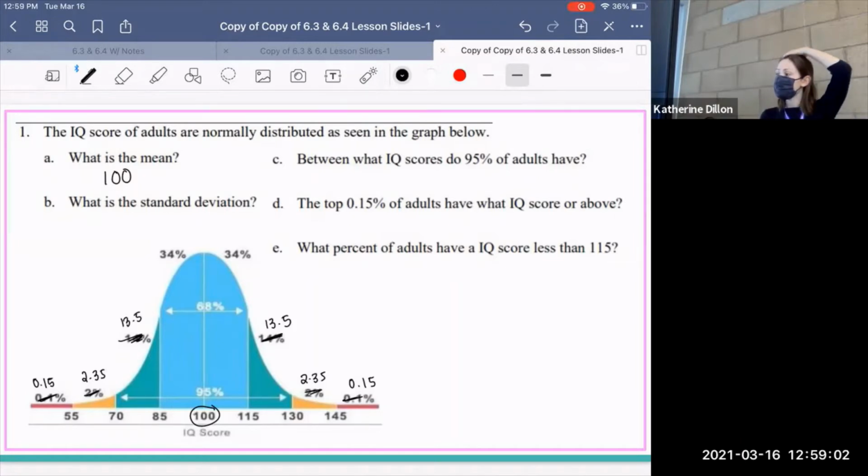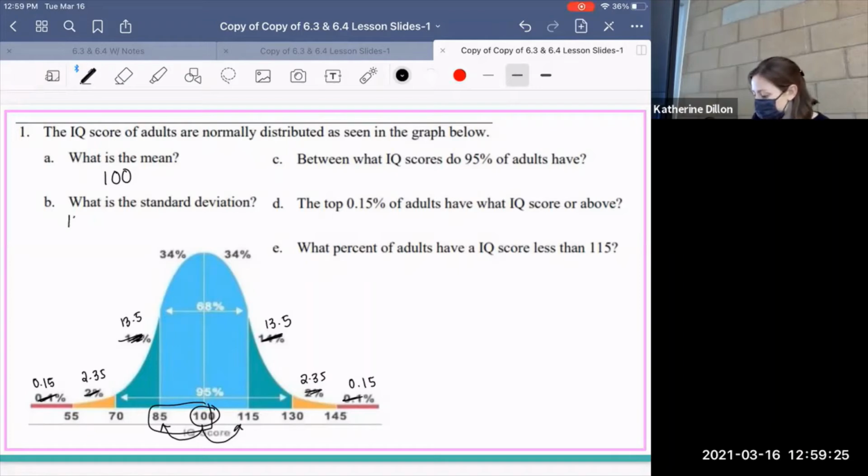What is the standard deviation? Well, we talked about 68% of the data will be within one standard deviation to the left and to the right of the mean. So what I can do, I can just pick one side. I'm not going to look at both. I'll just pick this one. 85 is one standard deviation away from the mean.